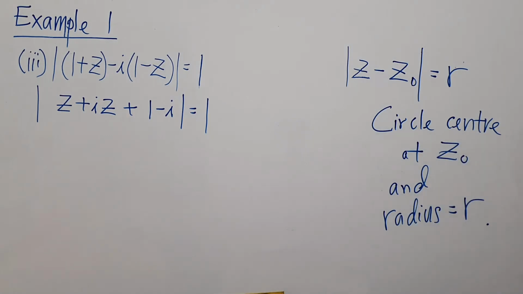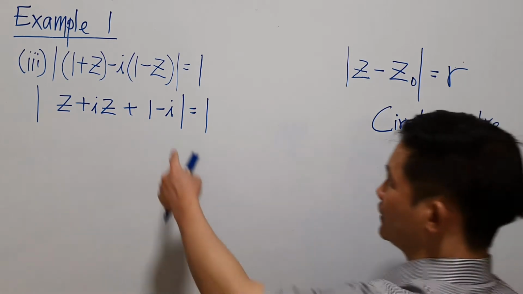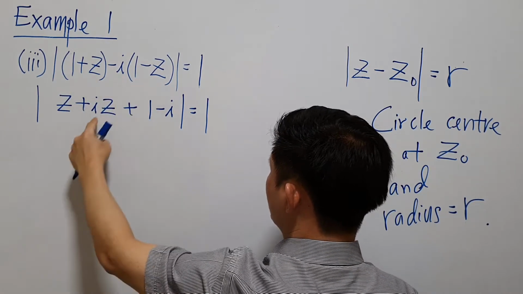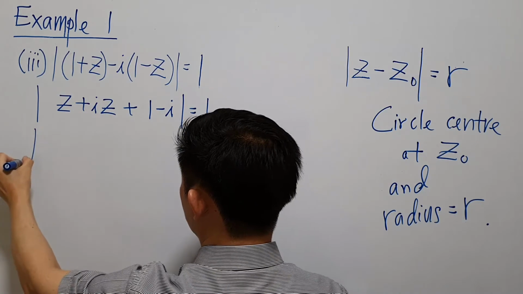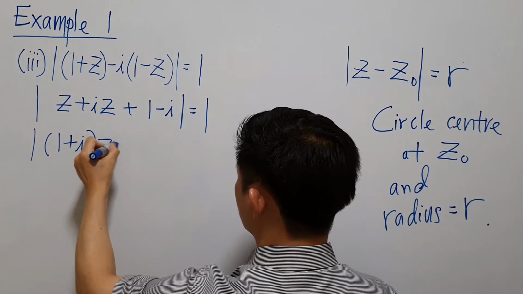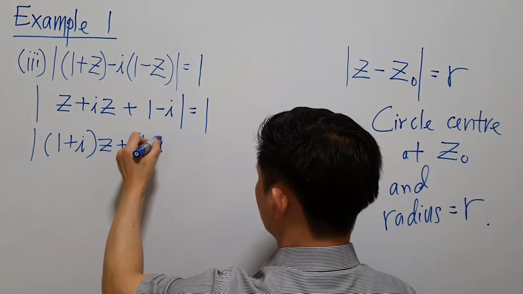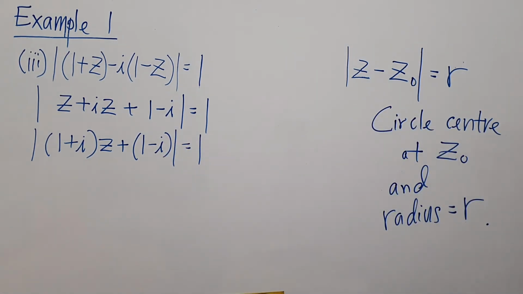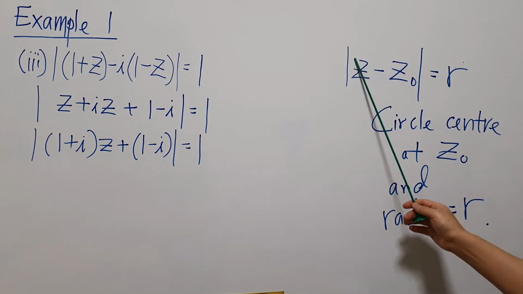What I have done here is simply expand this expression, this times this and this times this, and put the z and the iz together. Then next I will have 1 plus i. I want to be able to reach an equation where I just have a single z.